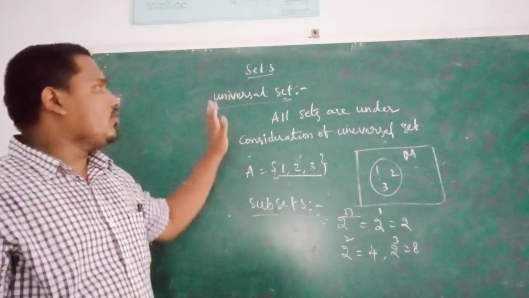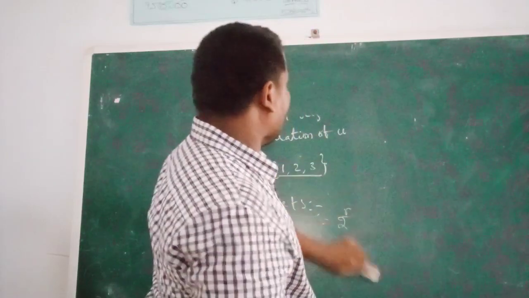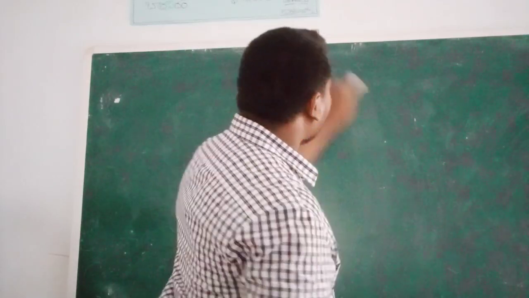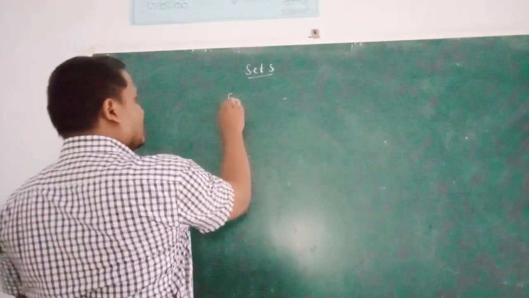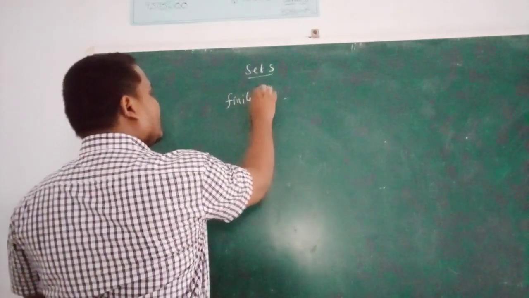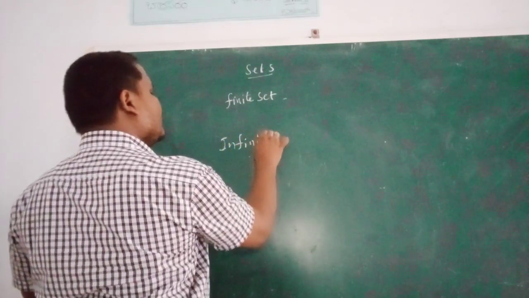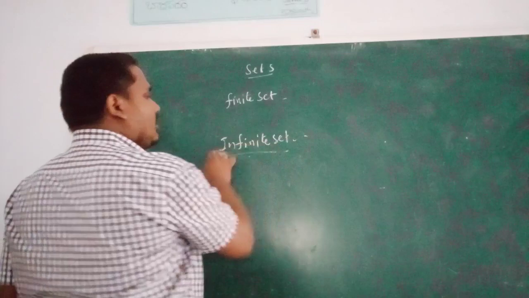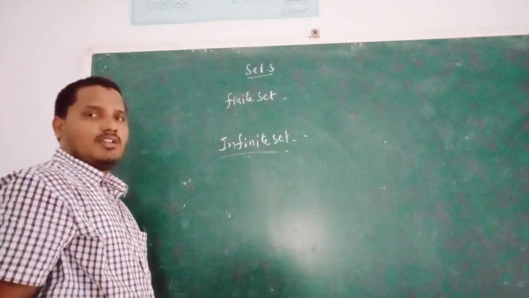Okay, these are about universal sets and subsets. Next, operations on sets, and finite sets and infinite sets. In a finite set, the number of elements is countable.